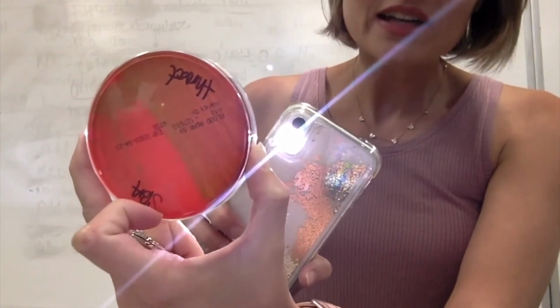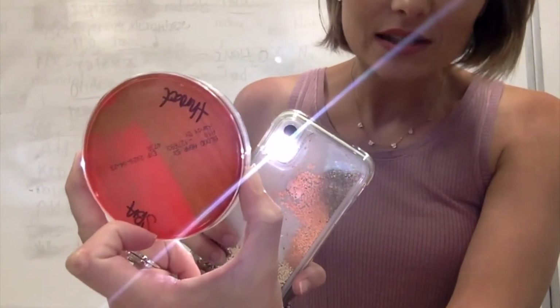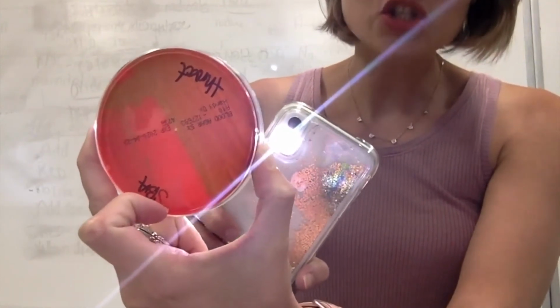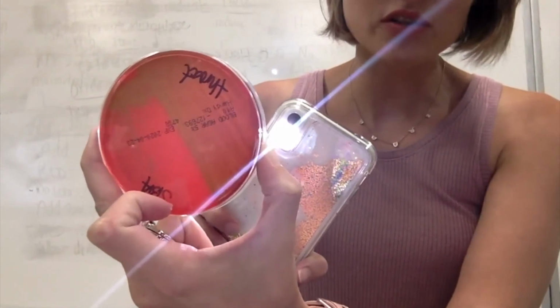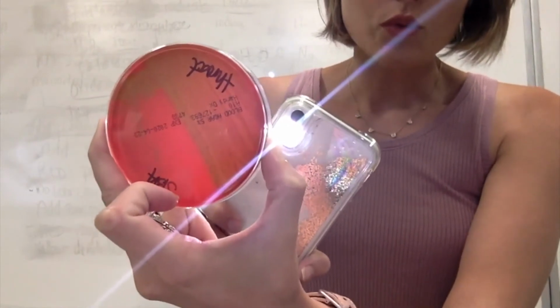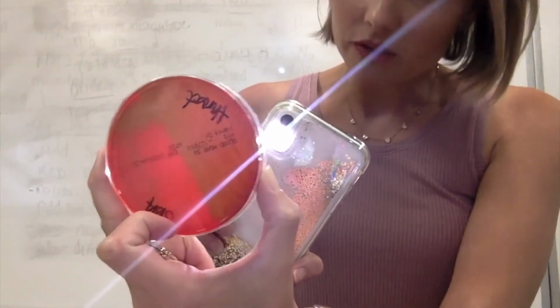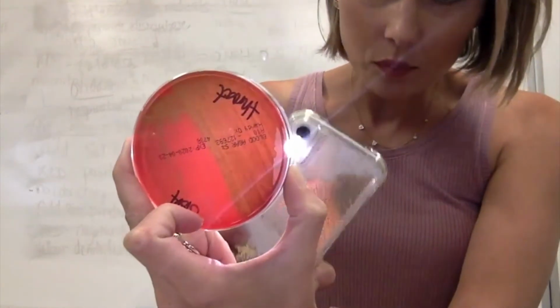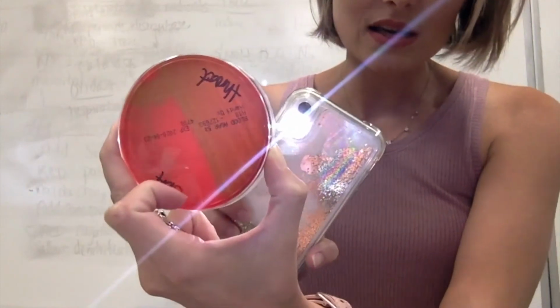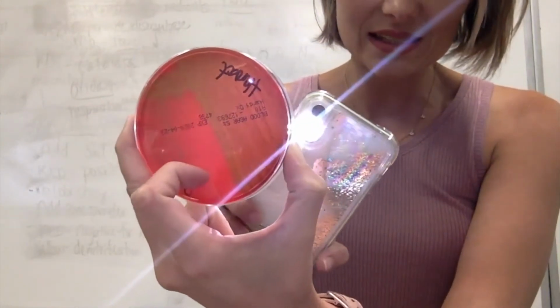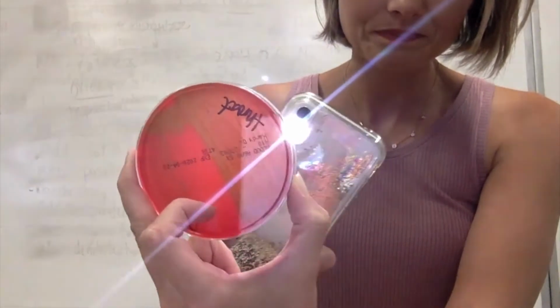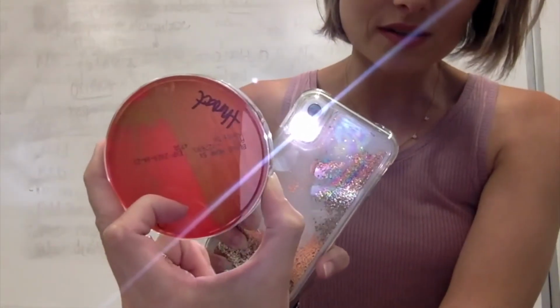So the bacteria did not completely eat the blood. It just sucked the nutrients out and did incomplete lysis. So no strep throat infection for me. Because if I did have strep, you would see large areas of clearing where the bacteria completely ate the blood. So there's my alpha hemolysis.